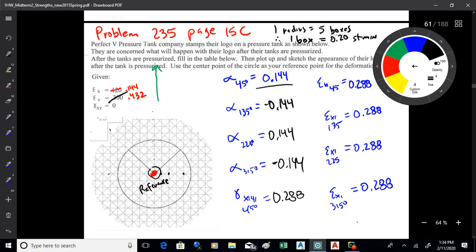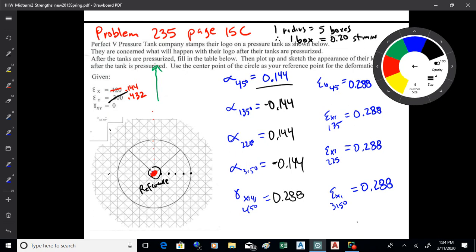Okay. Each little box represents 20% strain. Where is that going to be? And you do have to kind of declare a reference point.